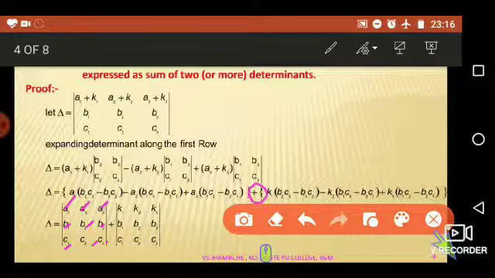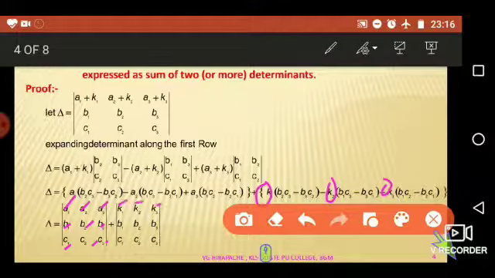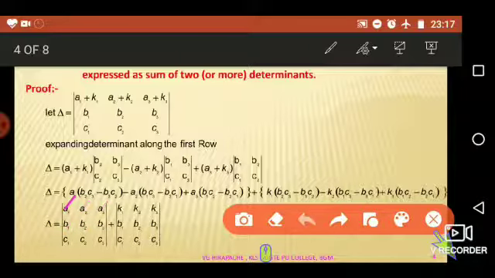Plus, this is the value of the determinant which is obtained from the determinant whose first row elements are K1, K2, K3, and second and third row elements are B1, B2, B3, C1, C2, C3. Therefore, in this property, we have studied that in a determinant, if any row or column consists of the sum of two or more terms, then such a determinant can be expressed as the sum of two or more determinants.